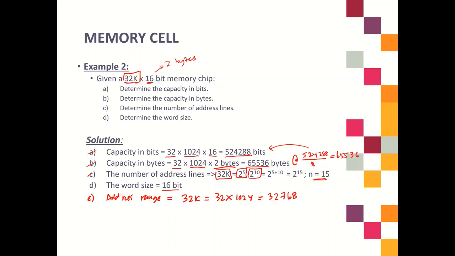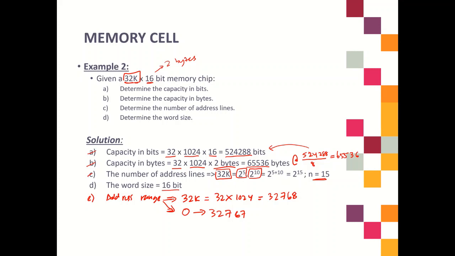So your address range starts from 0 until 32767. This is how you determine the address range.